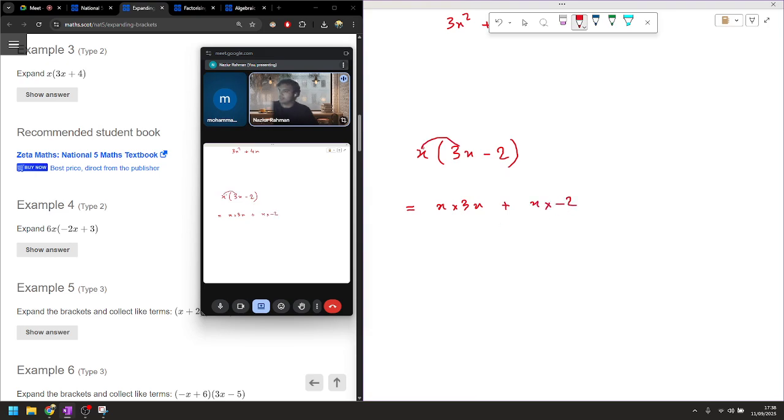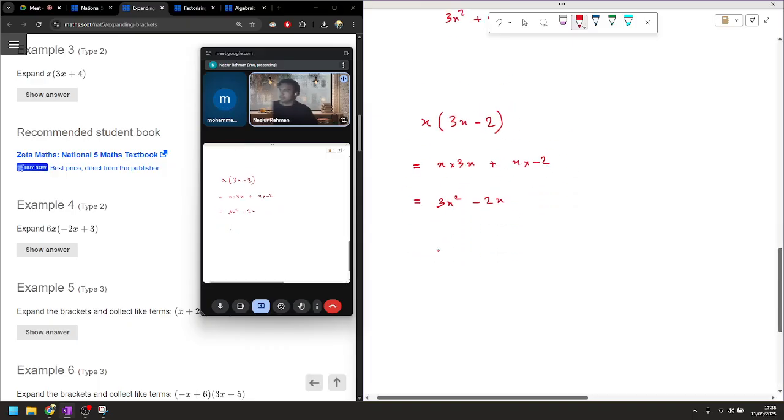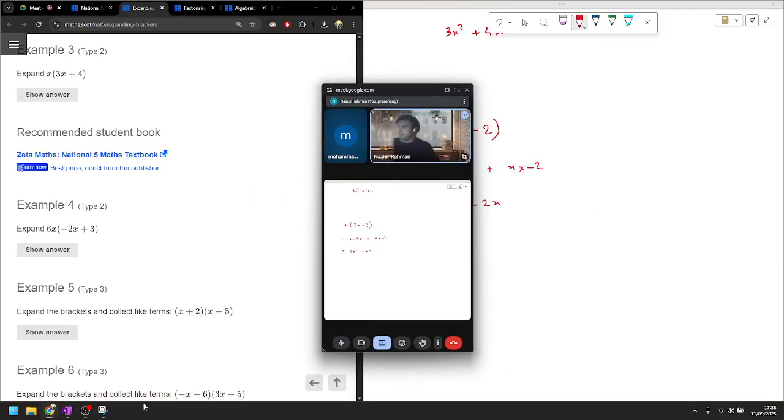Yeah, that's correct. So you multiply it out, but then you simplify it. So then you have to write it as single terms. So that's x times 3x, 3x squared, well done. And then x times minus 2 is just minus 2x. Yeah, good. That's fine.